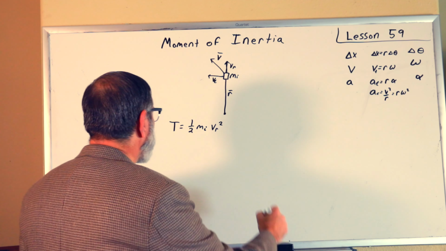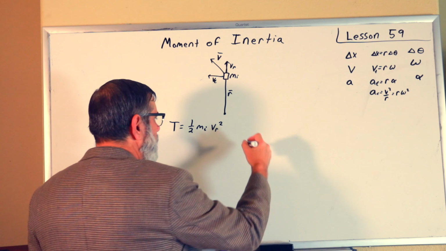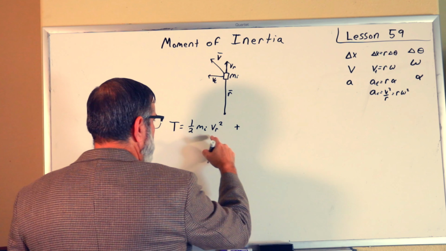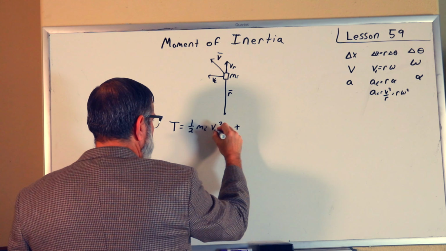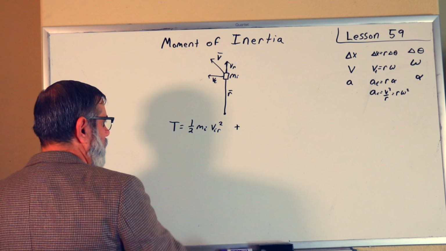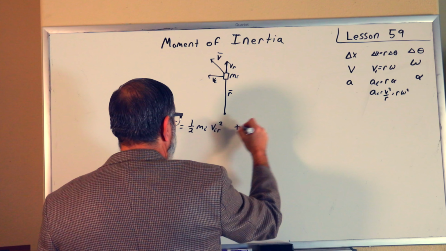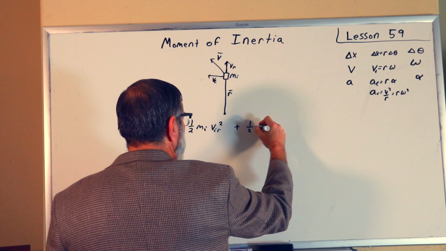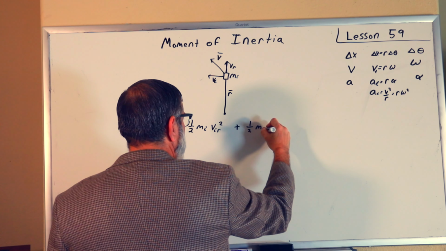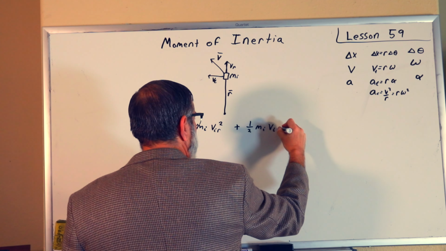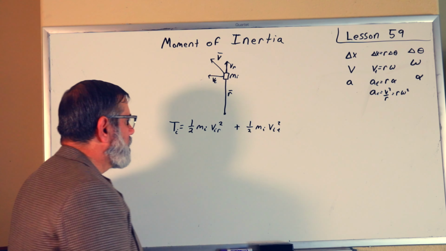It will be a linear motion. But we also have a rotational component, and these should have subscript i's on them, v sub i,r for the radial component of the ith particle. And then here we have 1/2 m sub i times v sub i,t, the tangential component, squared.